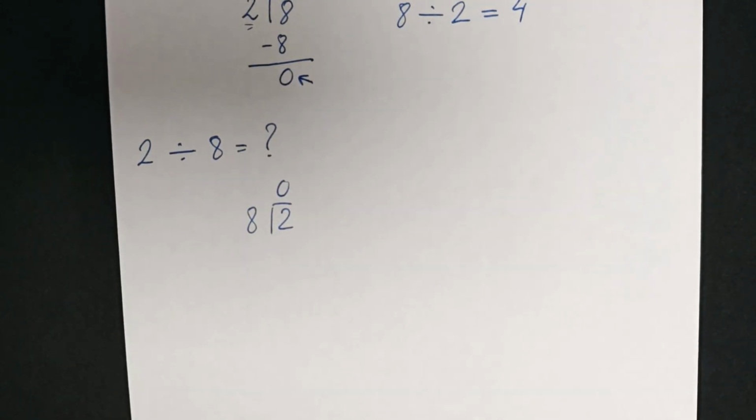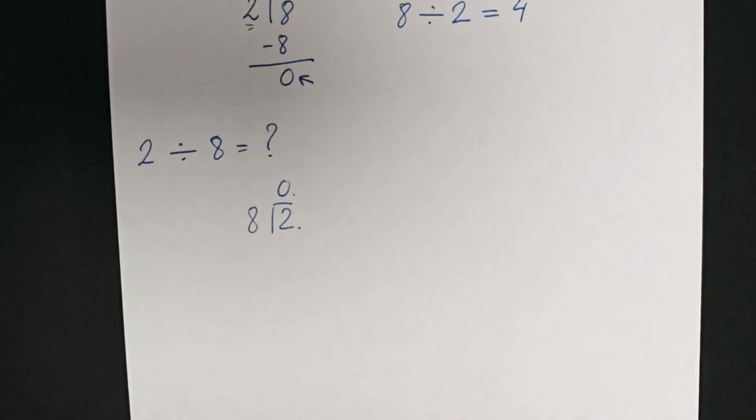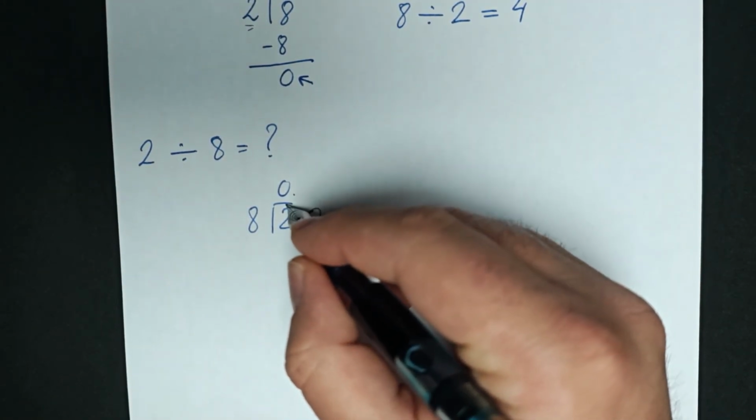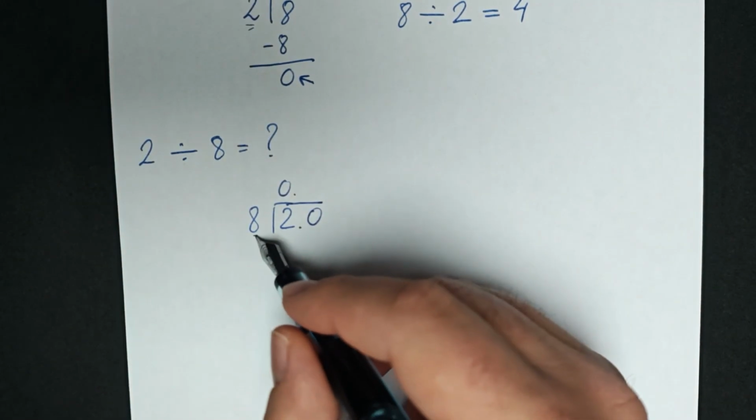Now what you want to do is put down a decimal, and put down a decimal here also. And then you can put down 0 here. And then you are going to look at a problem with numbers 8 and 20.